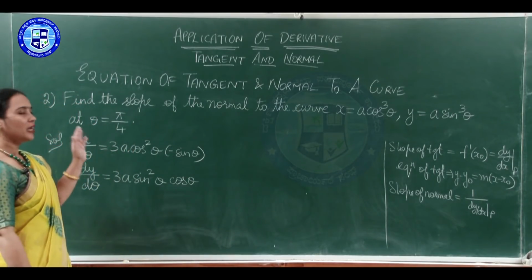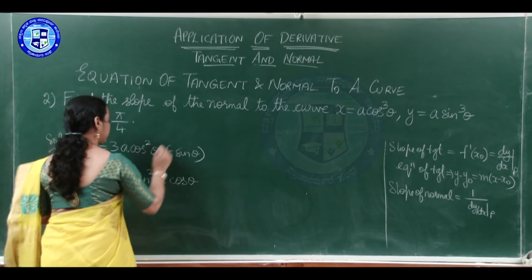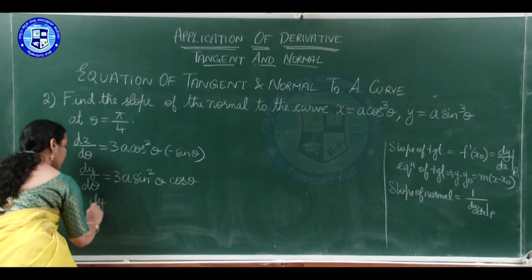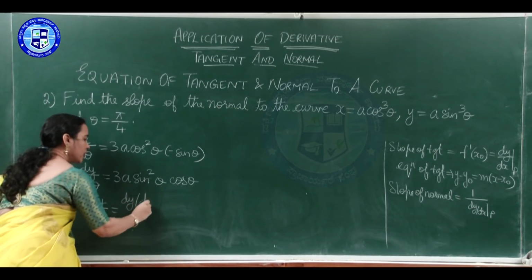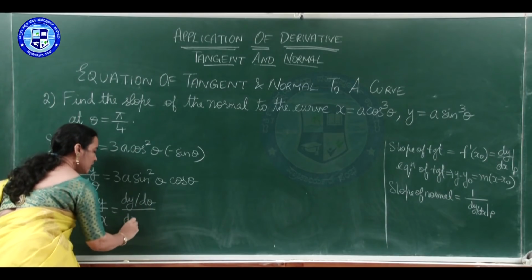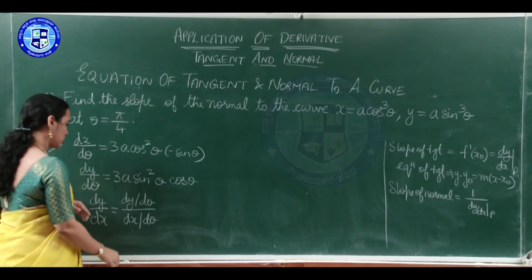Our aim is to find dy by dx. So, dy by dx will be dy by d theta upon dx by d theta. So, recall parametric differentiation.